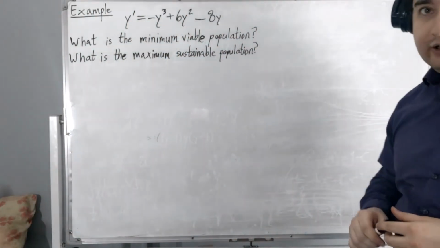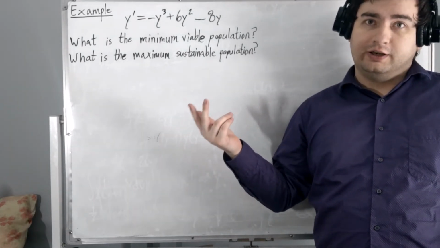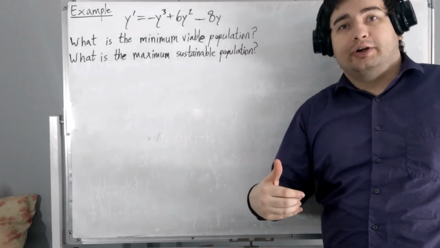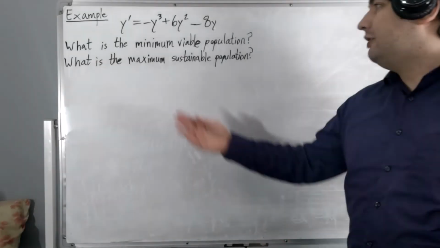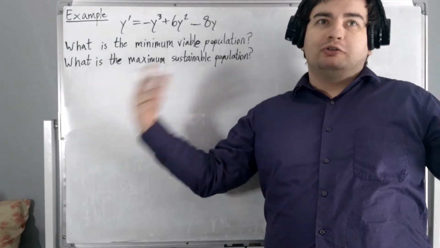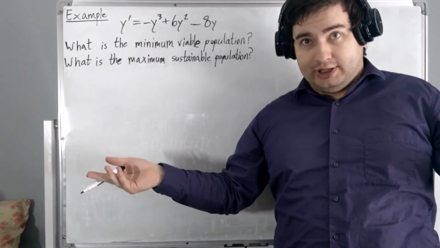So what this is asking, minimum viable population means a number of individuals of your species such that if you go beneath that number, extinction is guaranteed. By maximum sustainable population, we mean the most individuals you could have in your population without running out of resources eventually.